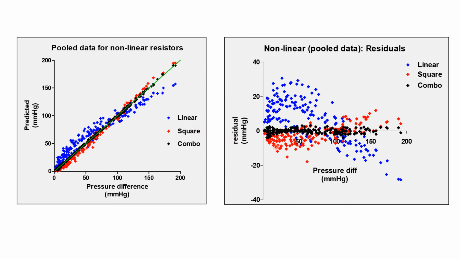My green line now becomes my 0 line, and you can see that the black is over the zero line. The highest error was about 3 millimeters mercury, over a range from 0 to 200. 3 millimeters mercury is very good.